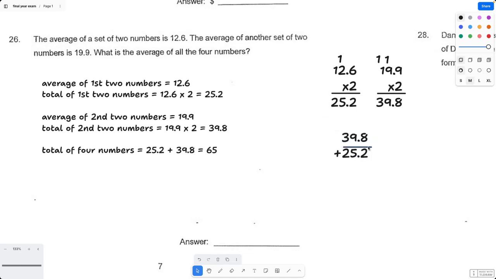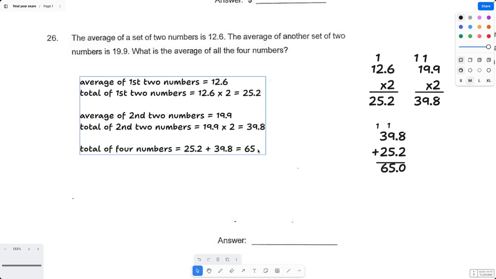If we were to add them up, this will give us 0 point. So we put 1 over here. 9 plus 5 is 14, so 4, 1 over on top. 3 plus 2 is 5, 6, 65.